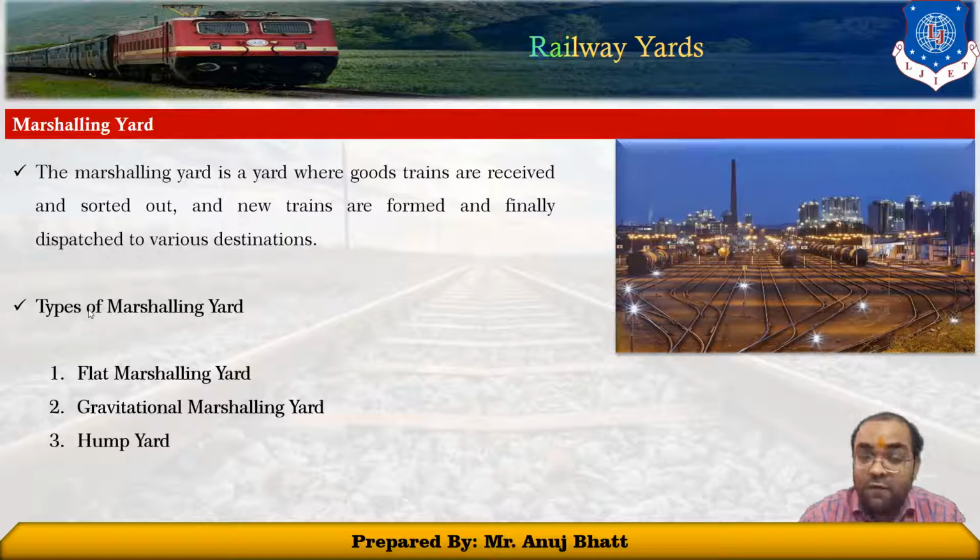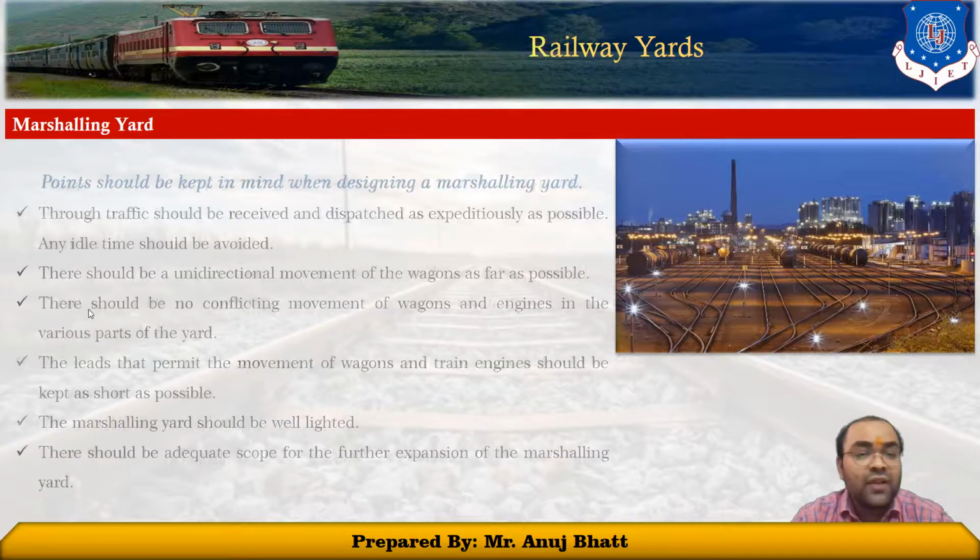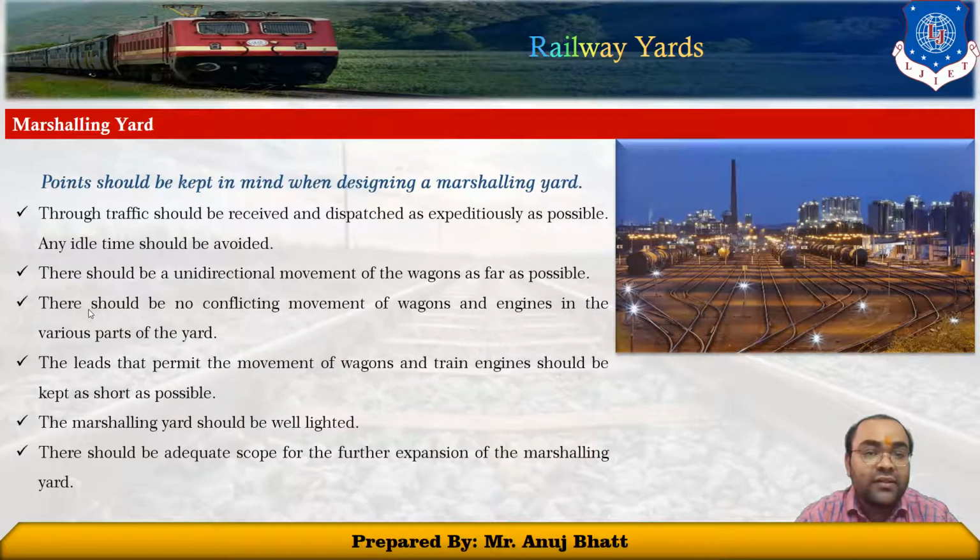So whenever we are planning to provide a marshalling yard, there are a few points that we have to keep in mind. Those are that the through traffic should be received and dispatched as expeditiously as possible, while there should be unidirectional movement of the wagons as far as possible.